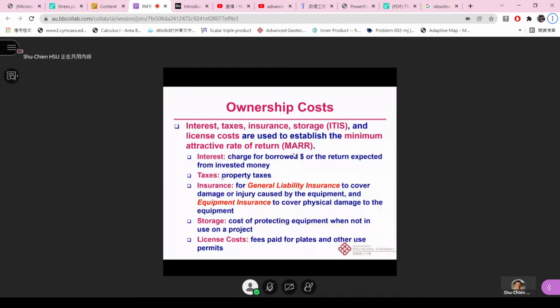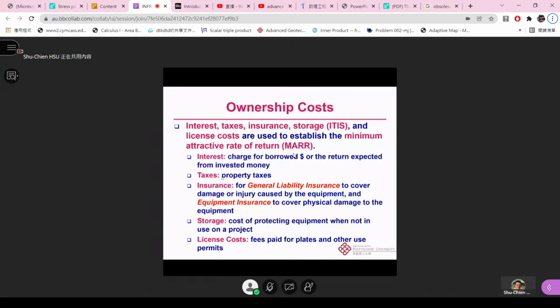Okay, so for this ownership cost, you will also include interest, taxes, insurance, storage, and license costs, which are used to estimate the minimum attractive rate of return. Remember why the company needs to set up their MAR: because of all these things. Interest is the charge on borrowing, or the return expected from the invested money.